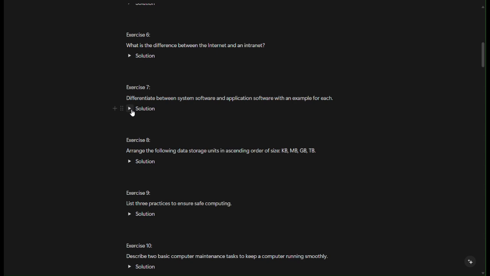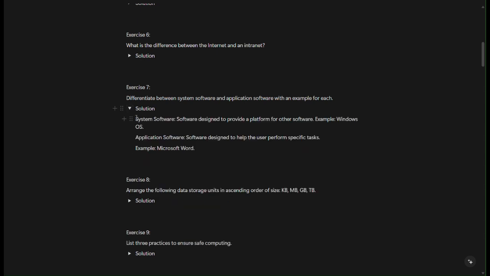But the application software, like the Microsoft Word, is a software designed to help the user perform specific tasks, for example, to make a search, to communicate with someone, etc. System software is a software designed to provide a platform for other software, for example, Windows. And application software is a software designed to help the user perform specific tasks, like the Microsoft Word, Microsoft PowerPoint, Microsoft Edge, and other components.